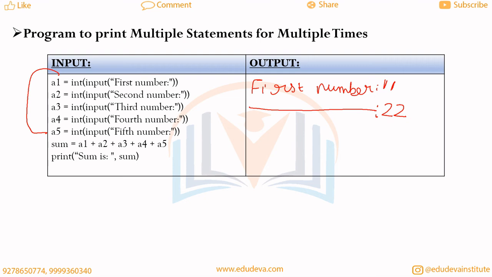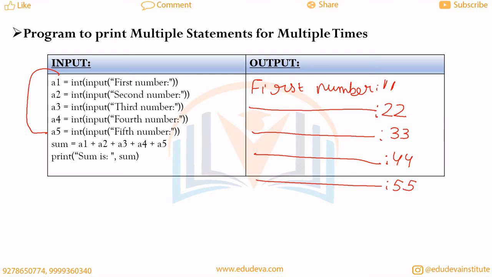In the same way, it will print third number and wait for the user. Suppose the user has entered 33, so the value of a3 is 33. In the same way, it will demand the fourth number, which is 44, entered by the user, and the fifth number is 55, entered by the user.